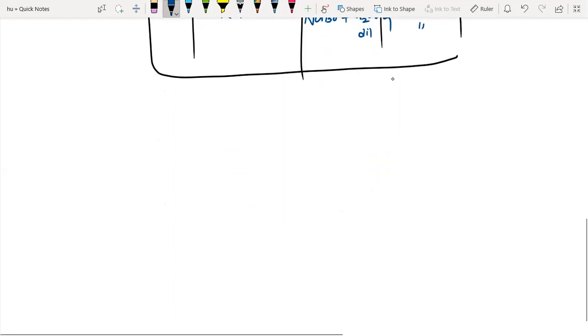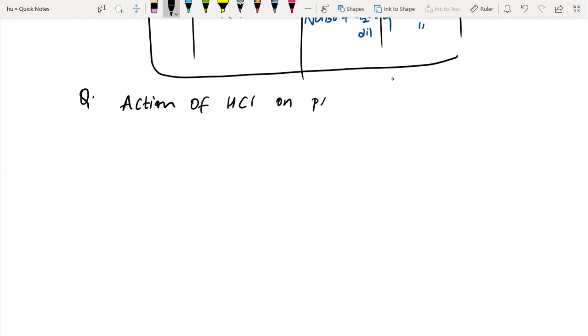The question here is, action of HCl on primary alcohol, secondary alcohol, and tertiary alcohol.